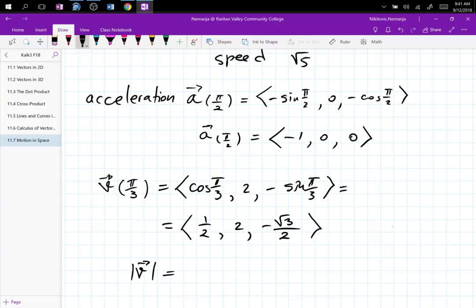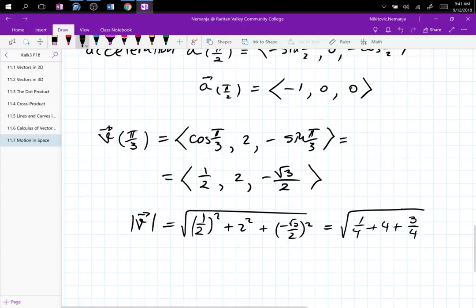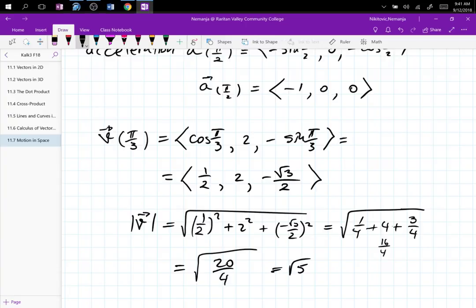The absolute value of v is the square root of (1/2) squared plus 2 squared plus (negative root 3 over 2) squared. That's the square root of 1/4 plus 4 plus 3/4, which is the square root of, the middle one is going to be 16 over 4, 20 over 4, which is root 5.